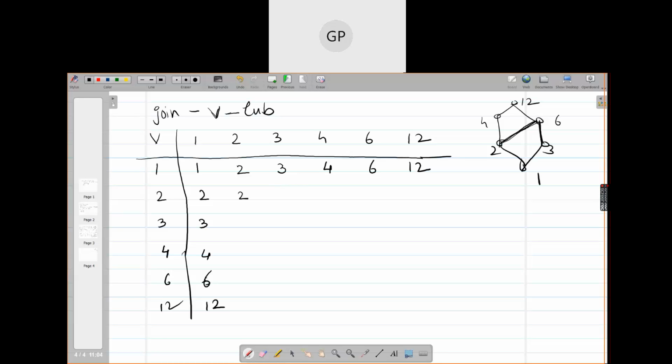So 2 and 3, they are joined together at 6. Can you see that?